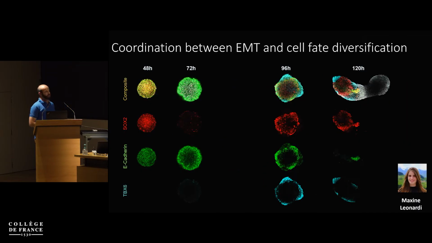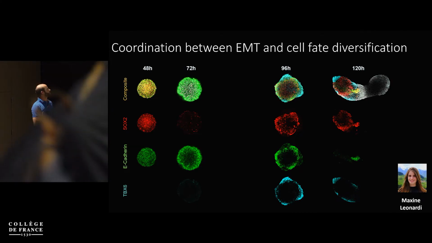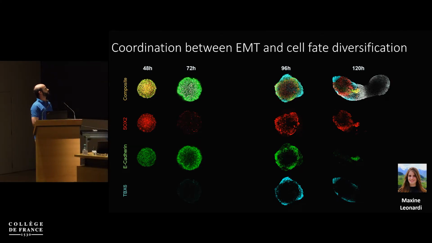And so what Maxine then tested is to try to connect this process with SOX2, used in later stages as a neuronal marker, and TBX6 as a marker of presomitic mesodermal cells, I should say. And so you can see that SOX2 early on is expressed because of its role in the epiblast, and then it gets repressed.